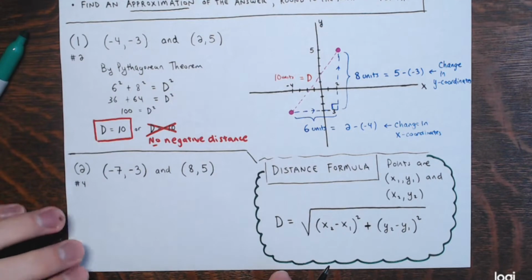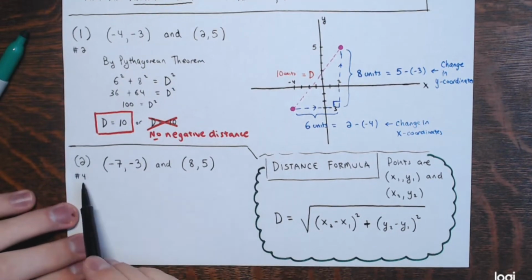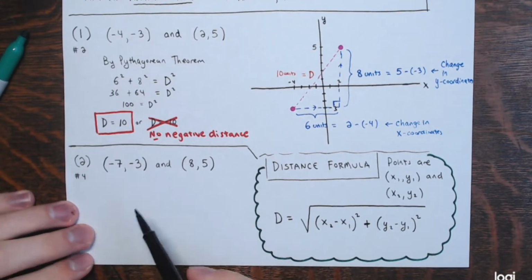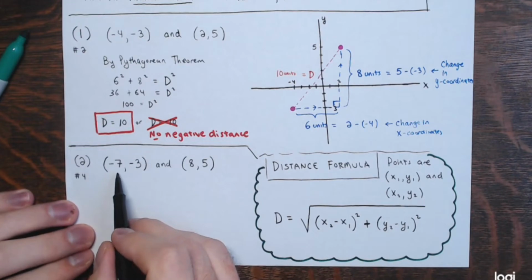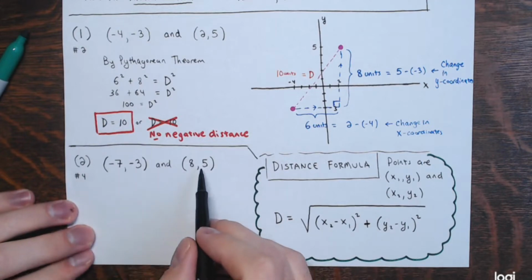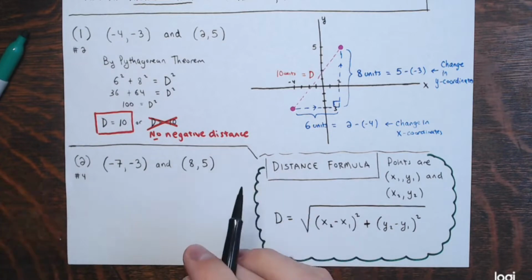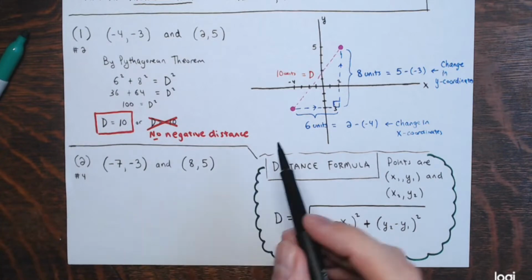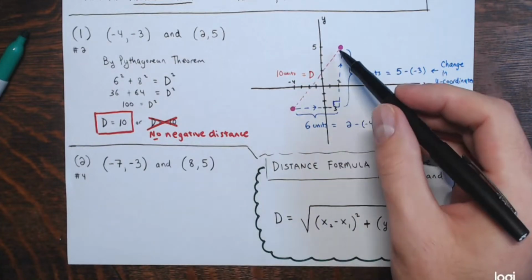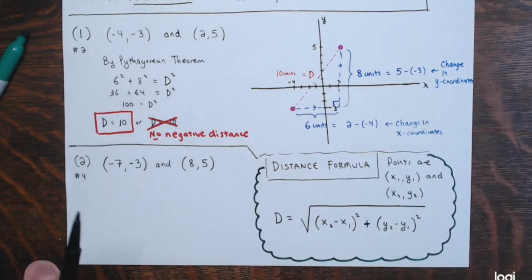Alright, example 2, exercise 4 in the book. So now I'm asked to find the distance between the point -7, -3 and the point 8, 5. And like I said, you can draw these 2 points on the coordinate plane and connect them with a segment and draw a little right triangle.